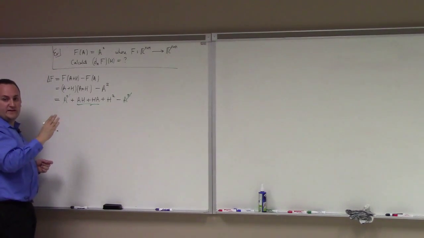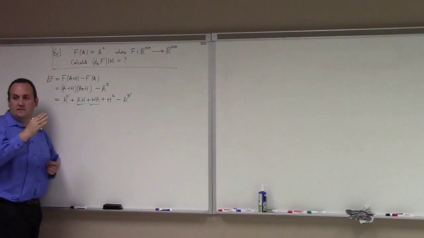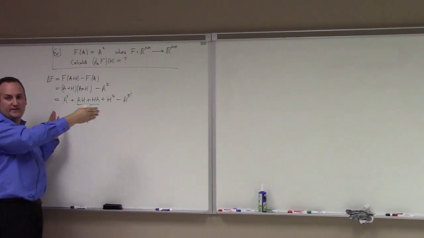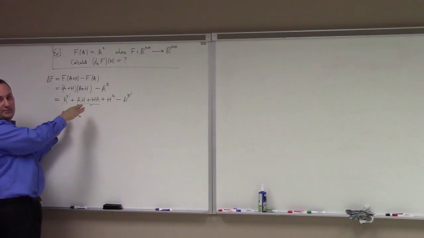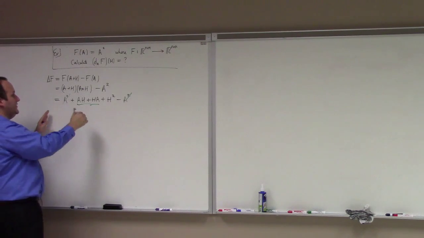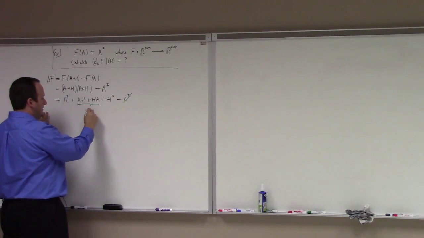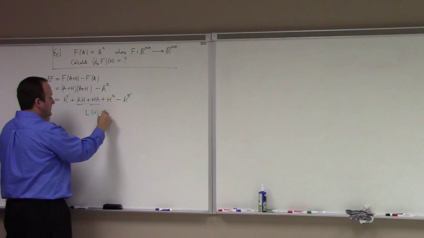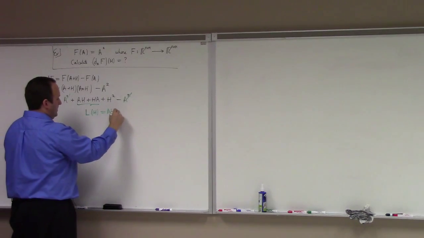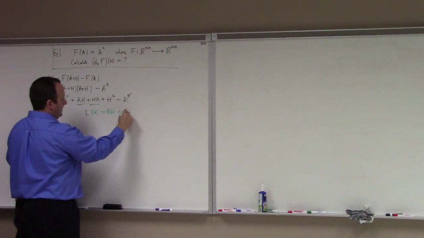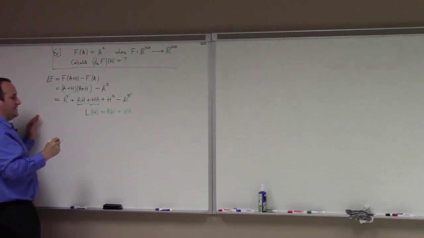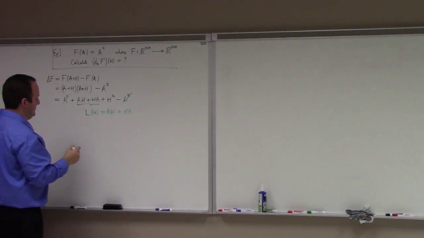If you replace H with H1 plus H2, you'll get the same thing with just H1 and with H2 added together. This is linear in H by properties of matrix multiplication. So I'm going to say that L of H is a plus ha, to be more technically precise.